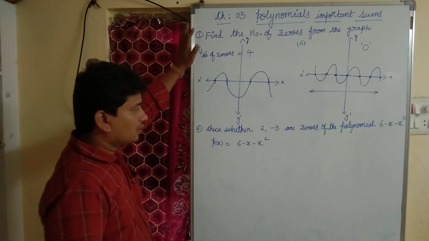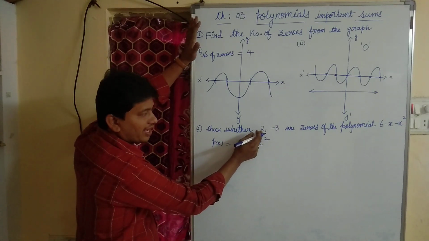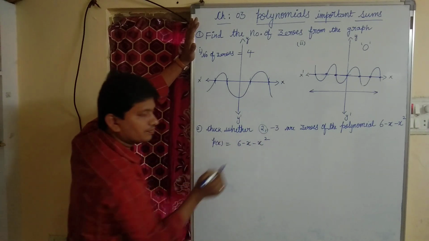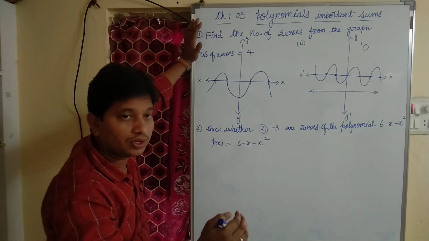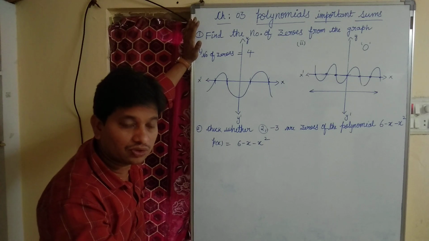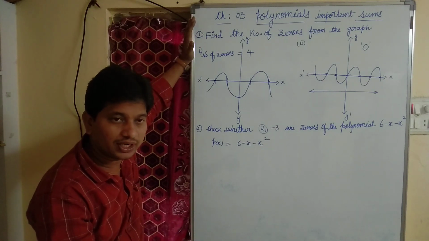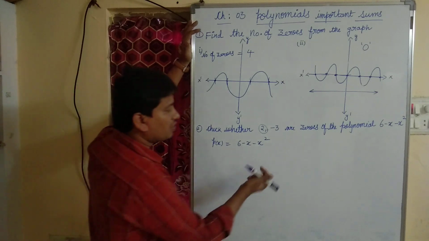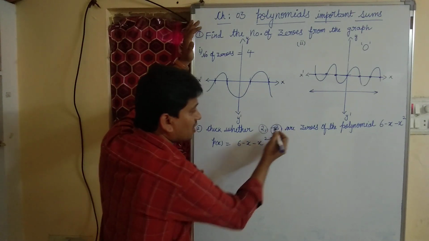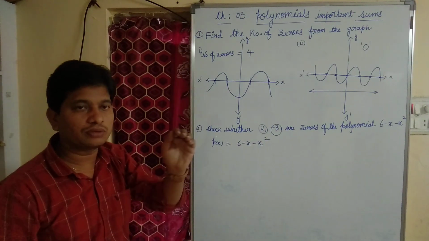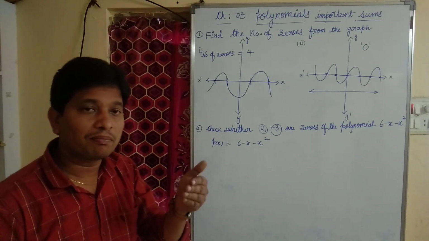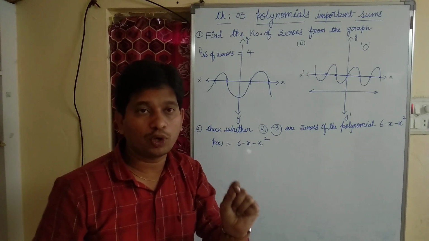I mean, in place of x, if we substitute 2 and get the result 0, then we say that 2 is a zero of the polynomial. That is case 1. Now coming to case 2, in place of x, if we substitute minus 3 and the result is 0, then we say that minus 3 is a zero of the polynomial.